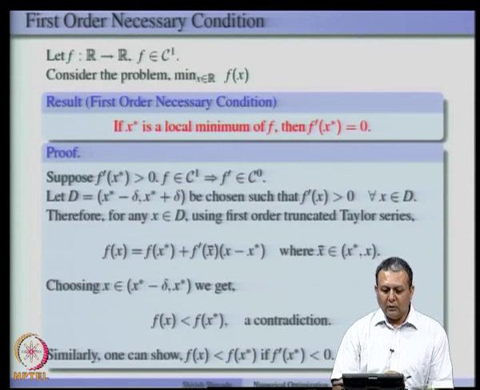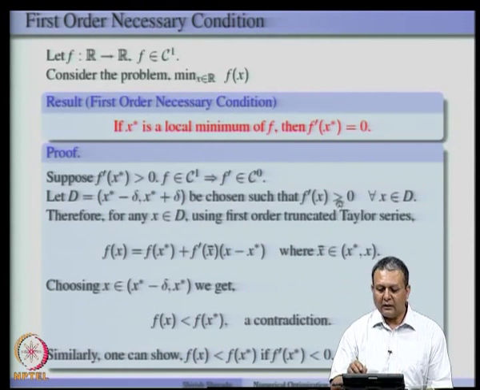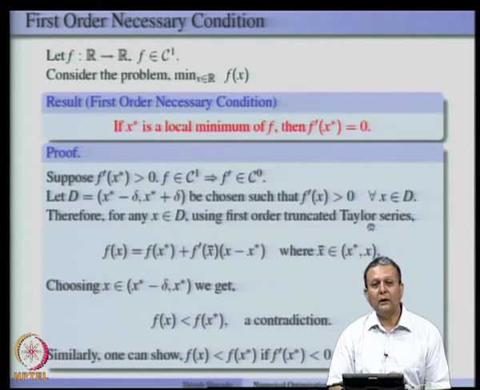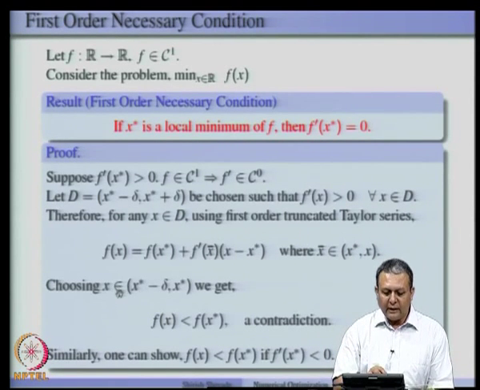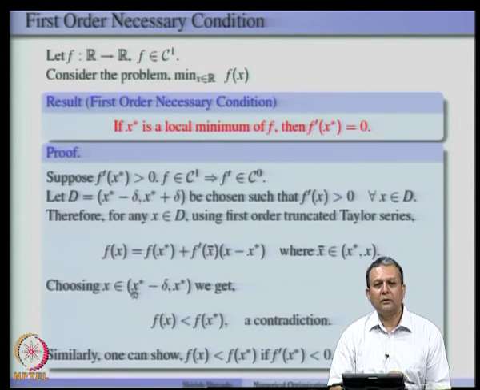Now remember that f dash x bar is greater than 0 because x bar is a point in the interval D. We are free to choose any x in the interval D. So, suppose we choose x to be in the open interval x star minus delta to x star.